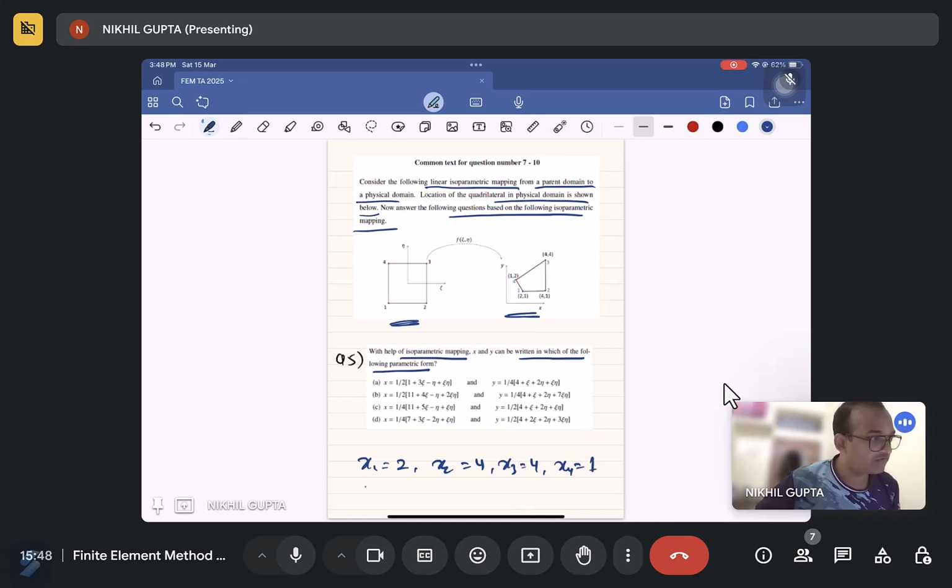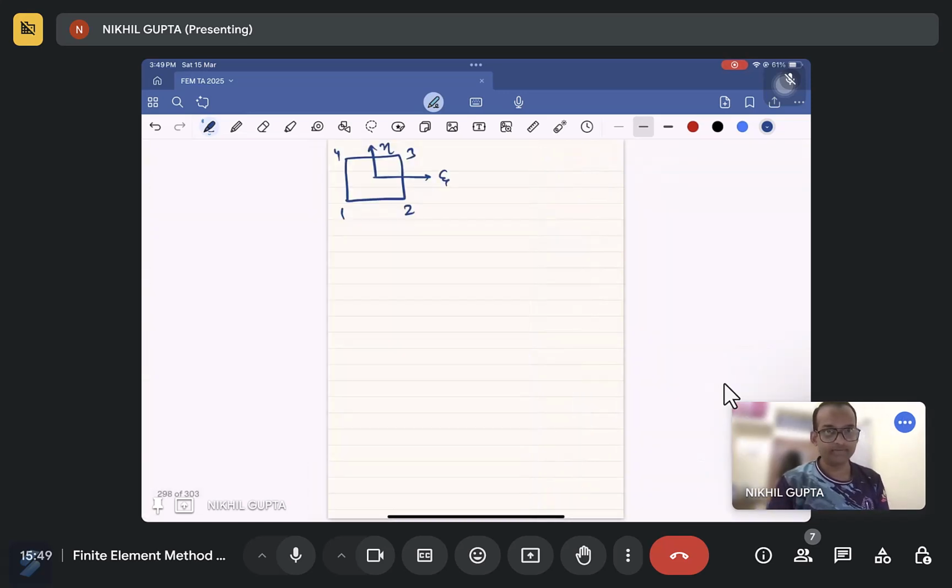Similarly, if you write for y, y1 is 1, y2 is 1, y3 is 4, and y4 is 2. Are you guys with me? Following? Yes, sir. Okay. So now we have to find N1 in terms of xi and eta.